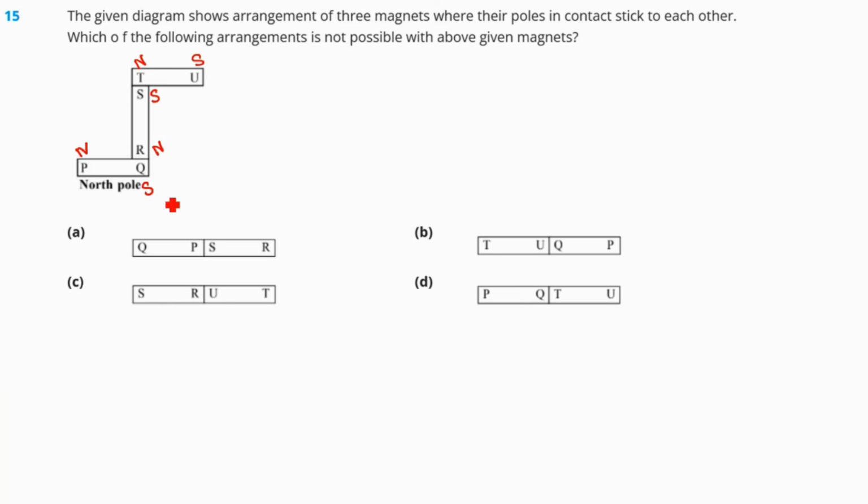So for QP, Q is South, P is North, S is South, R is North. This is possible. For B, T is North, U is South, Q is South, P is North. This is not possible. So our correct answer is option number B.